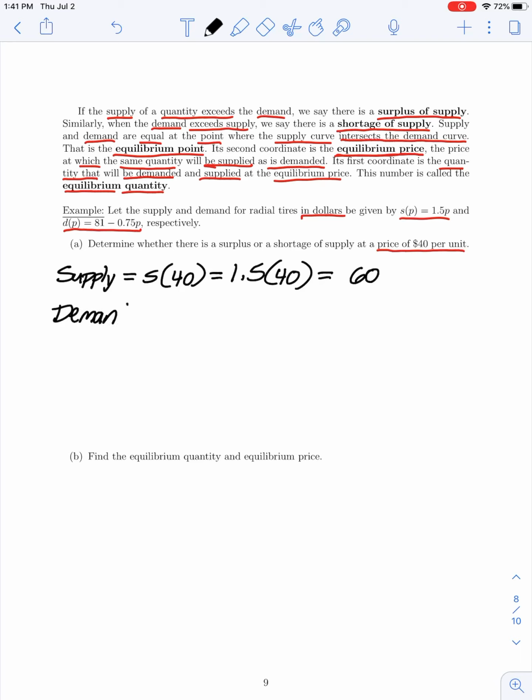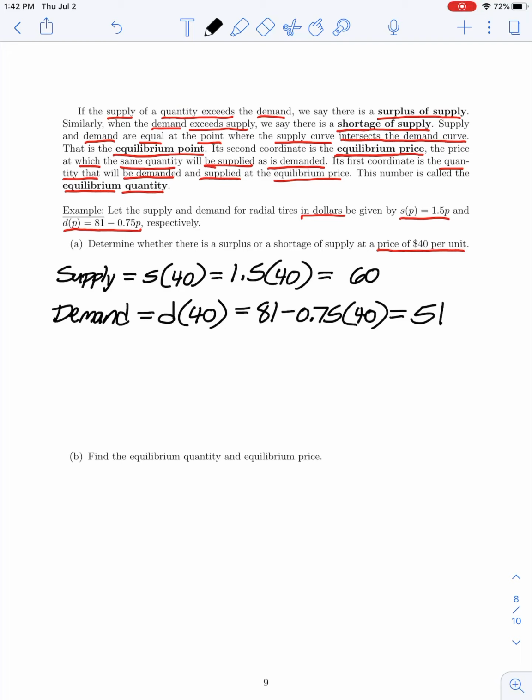Now our demand at the same price would be given by the demand function D of P, where the price is equal to 40, which here is 81 minus 0.75 times P, which was 40. So this leaves us with 51 units, which are being demanded.